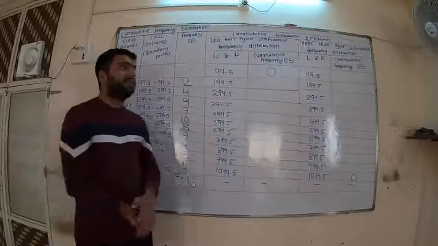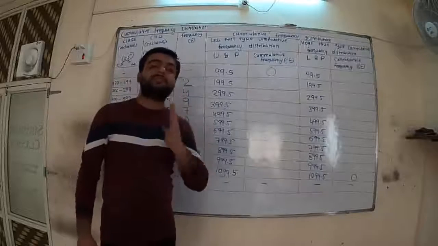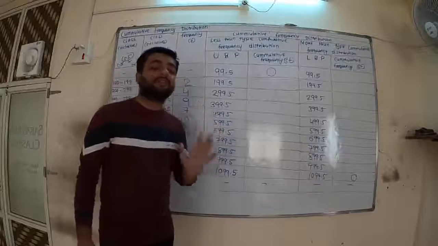Okay, now we are starting the cumulative frequency. How to start? Add each frequency to the cumulative frequency and write it there.